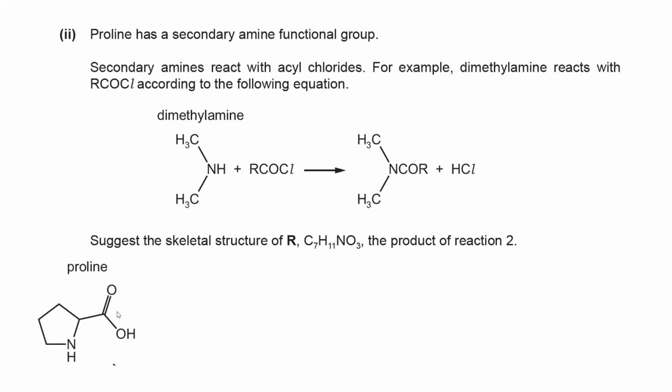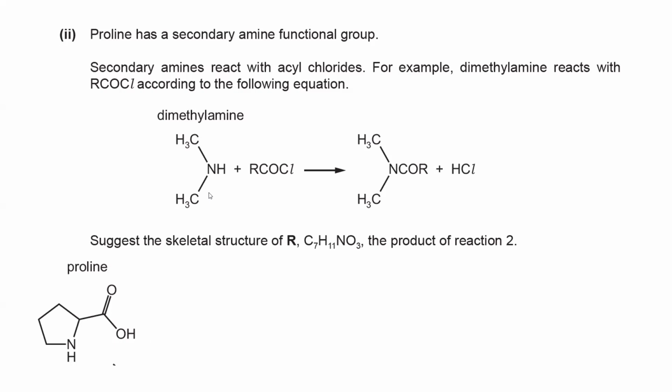Now I've copied the structure of proline from the slide in the reaction scheme. So this is the structure of proline. We can just follow this equation exactly. But of course, this structure doesn't look exactly like the format of this dimethylamine.